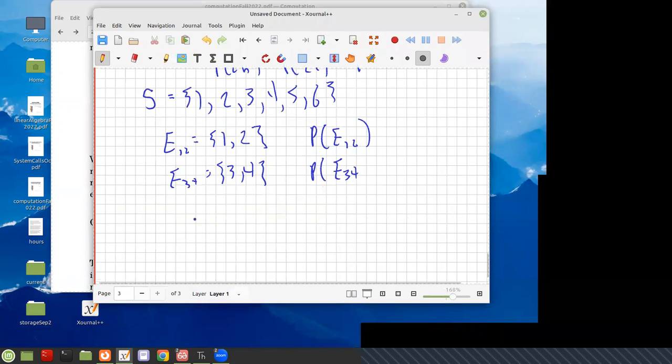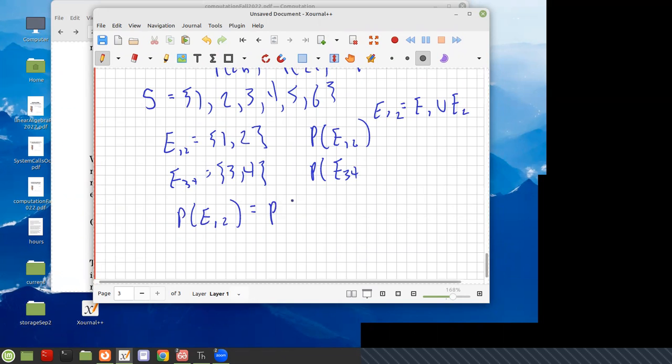So because E{1,2} equals E1 union E2, it's the union of the event where you just had a 1 and just had a 2. So the probability of E{1,2} has to equal the sum of those. And because of this requirement, these are mutually exclusive subsets, there are no elements in common.